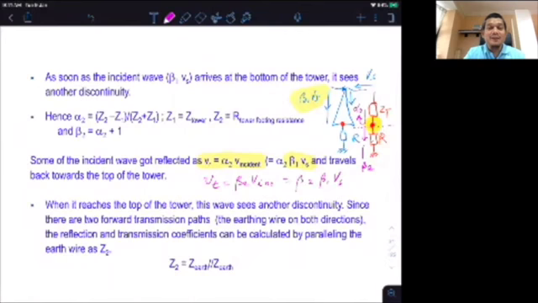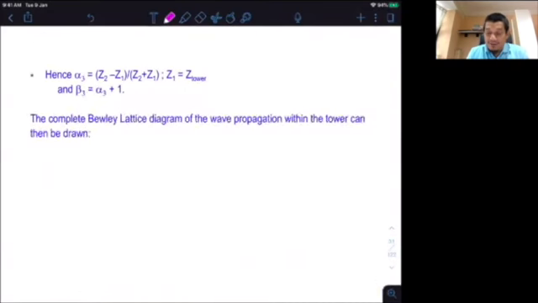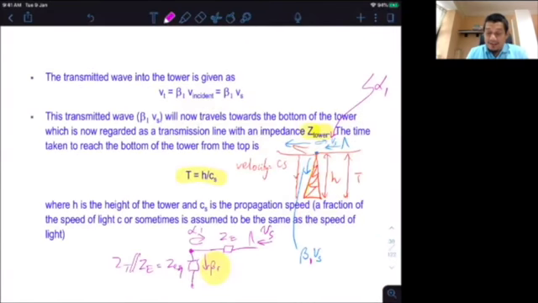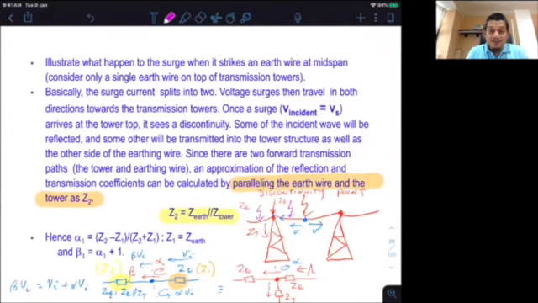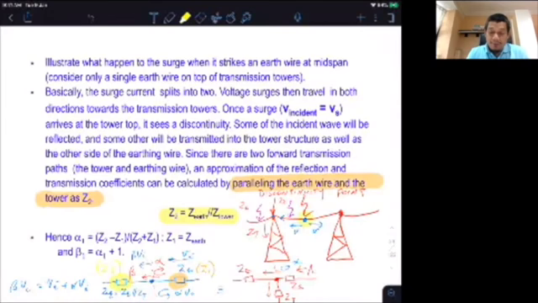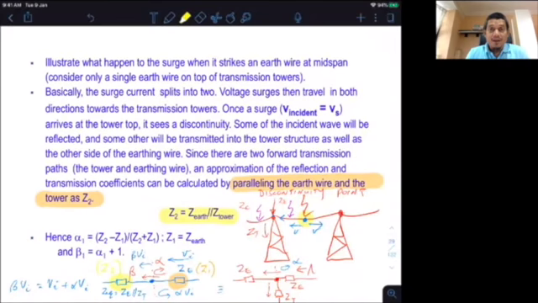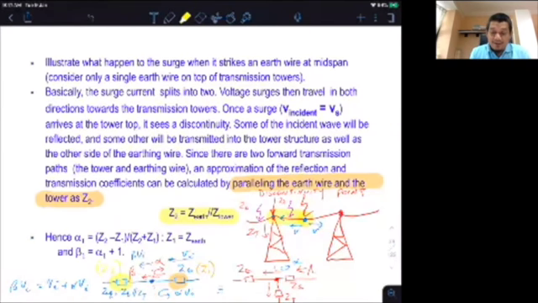Tak apa. Kalau tengok saya punya slide ni, the situation is like this. The lightning striking a point here, and then it travels to the top of the tower. Okay, some of it will be propagating towards the other line, and some of it will go down the tower.